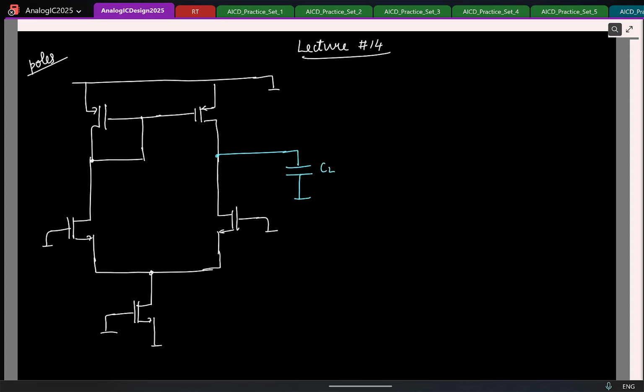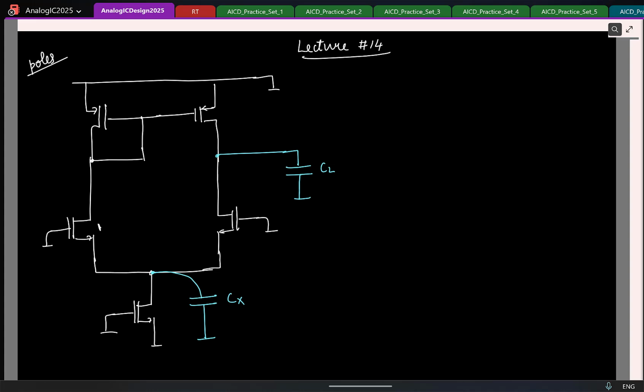So I call it CL. This will also comprise all the parasitic capacitors from this node to ground, right? So I'll lump it all together as a single cap CL. So similarly from this node to ground I'll have a capacitance. So let me lump all those parasitics and call it Cx.